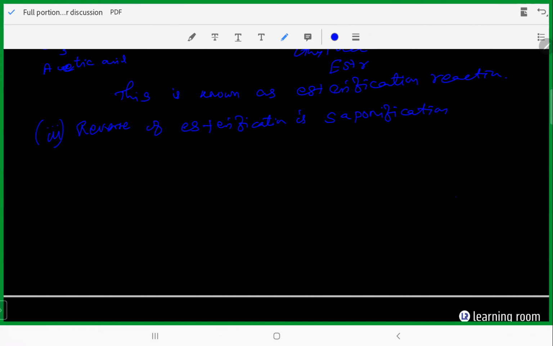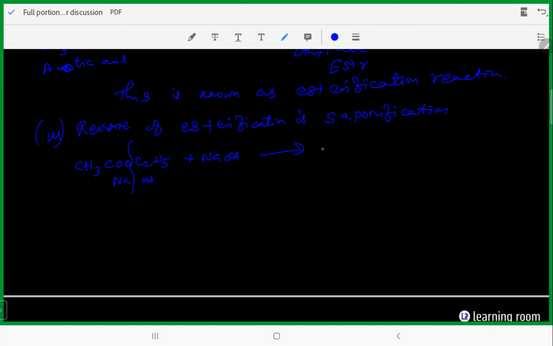In this, ester is converted back to alcohol and salt of carboxylic acid by treating the ester with alkali. So ethyl acetate, CH3COOC2H5 plus NaOH. So what will happen? Here Na, here OH will go.